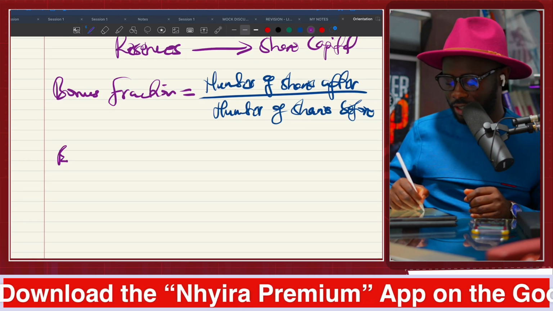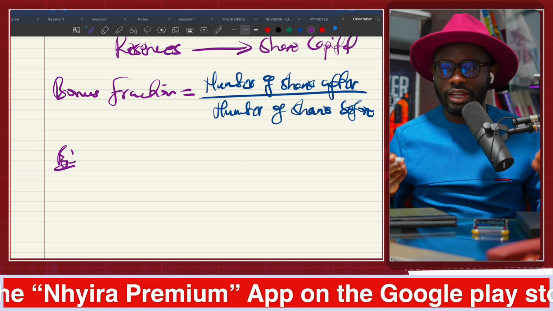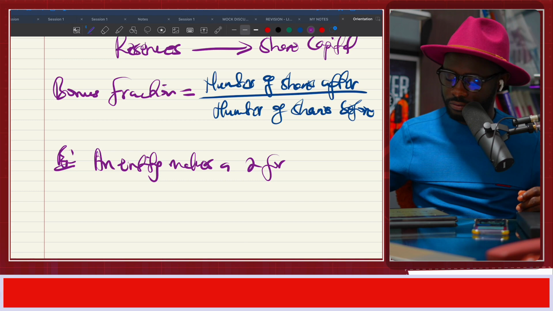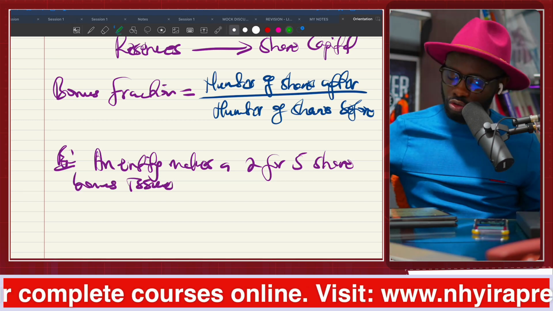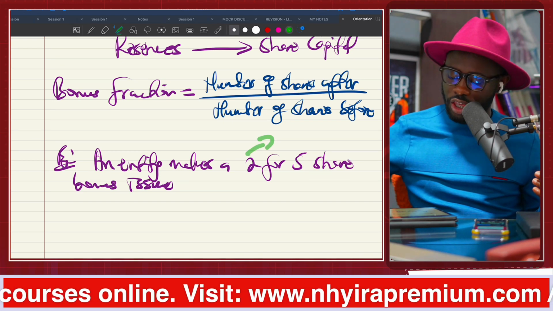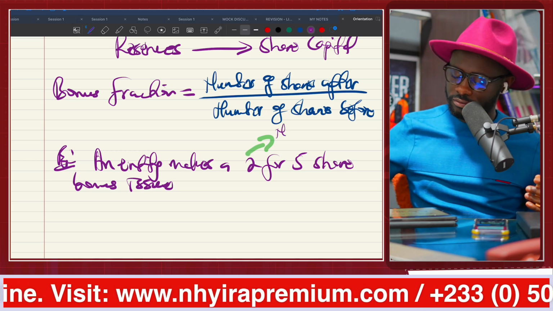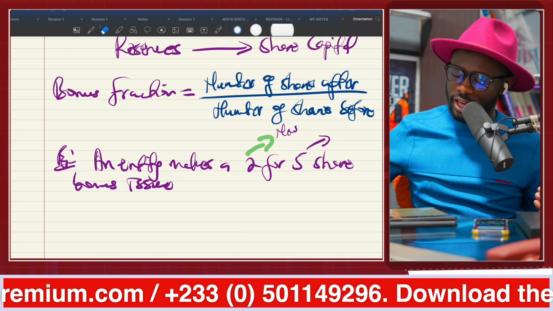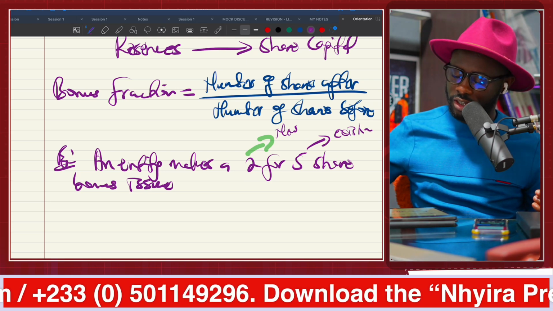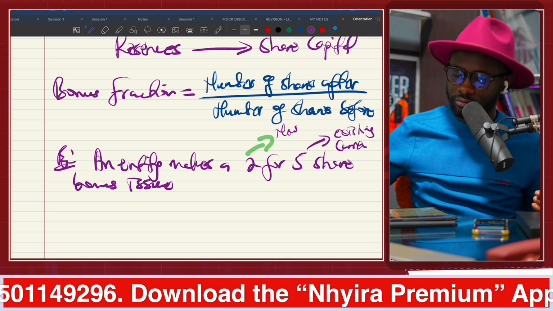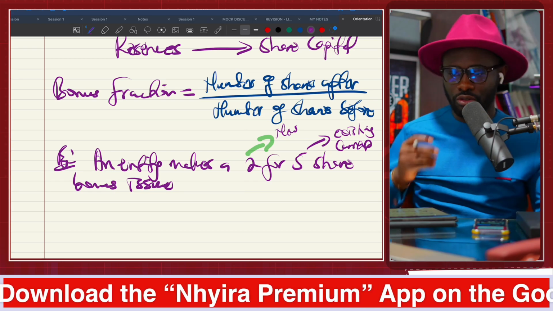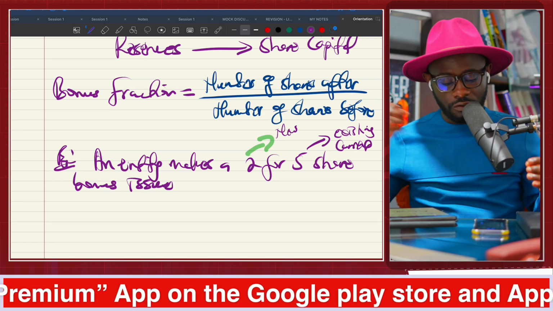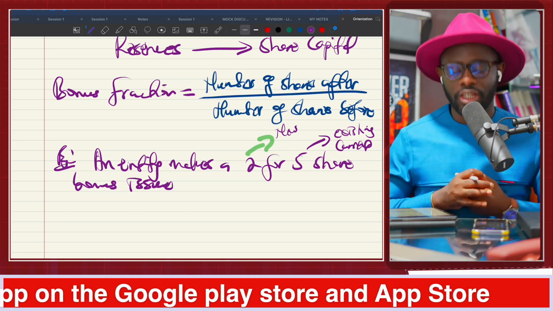Let's say that an entity makes a 2 for 5 bonus issue. What does that mean? 2 for 5 means we give you 2 new shares for every 5 that you are having now, existing or current. Does that make sense? So 2 for 5 means that we give you 2 new shares for every 5 that you are having.